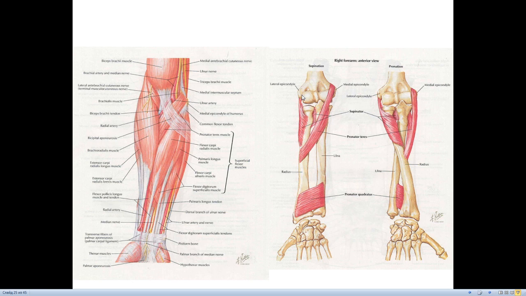Second layer, flexor digitorum superficialis muscle. Third, flexor digitorum profundus muscle. And fourth, musculus pronator quadratus.